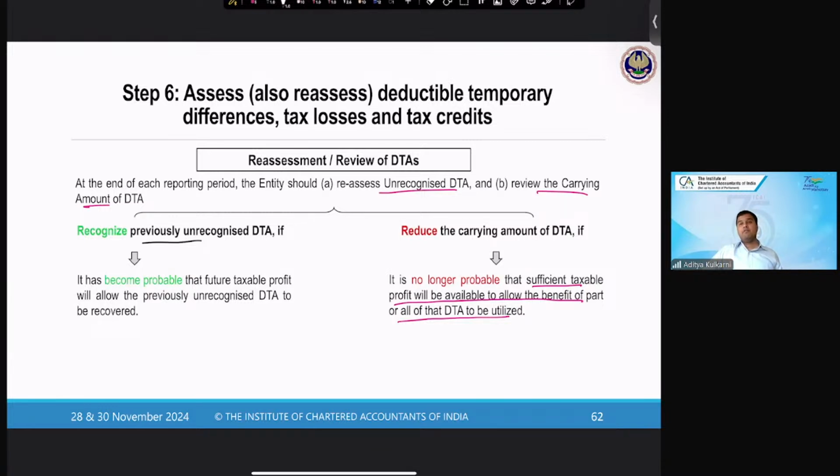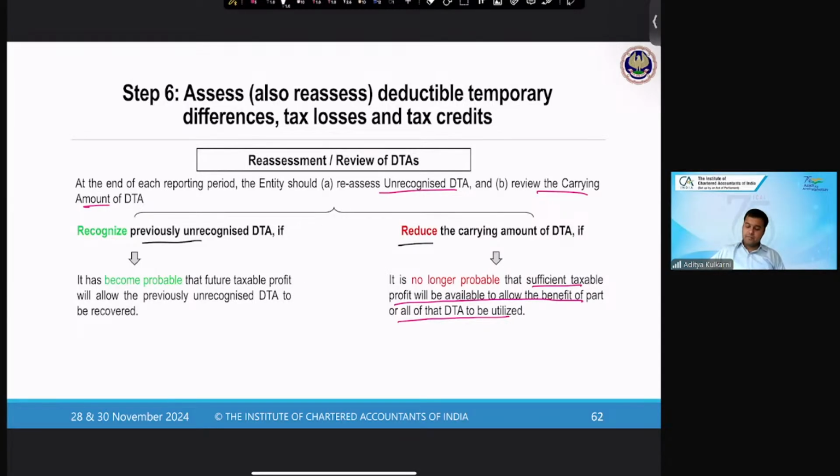If you have sufficient profits now, recognize that 1,000. Similarly, reduce the DTA if you don't have the profits or you don't have the differences. Anything you don't have which will allow you to utilize a part of the DTA. So all these things you can consider to reduce the carrying amount of DTA.